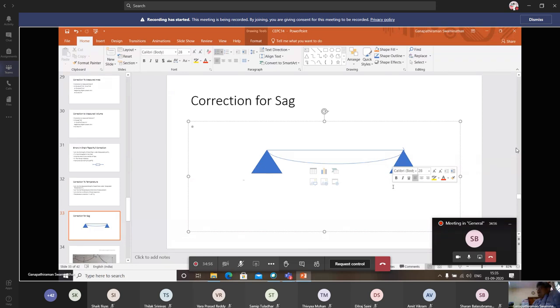You tie a piece of wire between 2 points, and you make it very tight. After some time, what happens? The piece of wire you have tied or suspended between 2 points takes a form of this. It sags down.